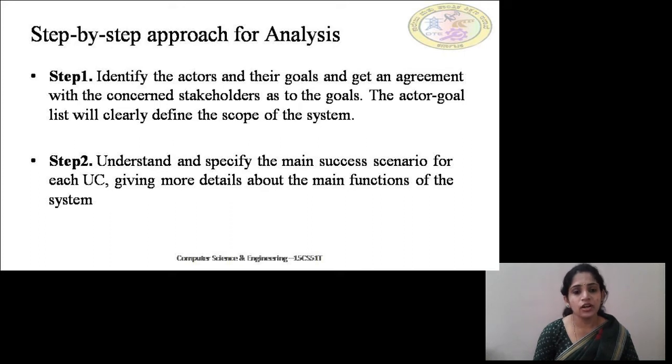The actor goal list will clearly define the scope of the system. To start with the analysis, our first step is to identify the actors and their goals and get an agreement between these actors and the stakeholders. So this will be very helpful in the completion of the goal. Once it is done, it clearly defines the requirement or scope of the system.